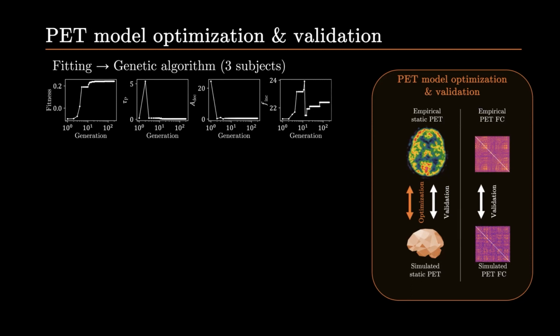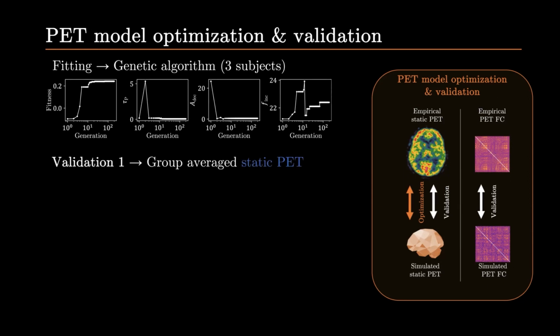We don't want to fit all the subjects at once, because then we wouldn't have subjects remaining to validate our model with. You can see here how the parameters change over the iterations of the fitting algorithm until they reach a plateau where the fitness, the goodness of the fit, is not increasing anymore. And these final parameters we take as parameters for our PET model.